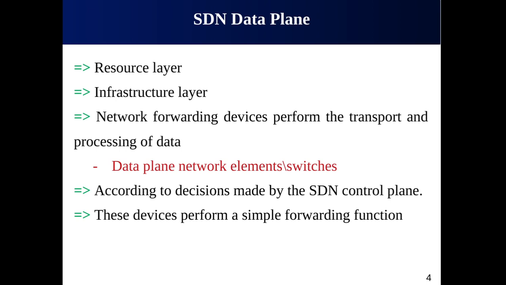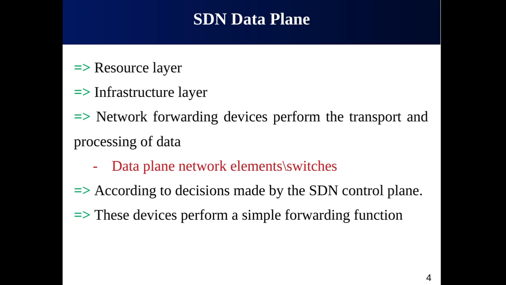And it could also be referred to as the infrastructure layer, because we are talking about the actual devices. So this is actually our infrastructure. So different names are used to refer to the SDN data plane layer. It could be referred to as a resource layer or even as an infrastructure layer.